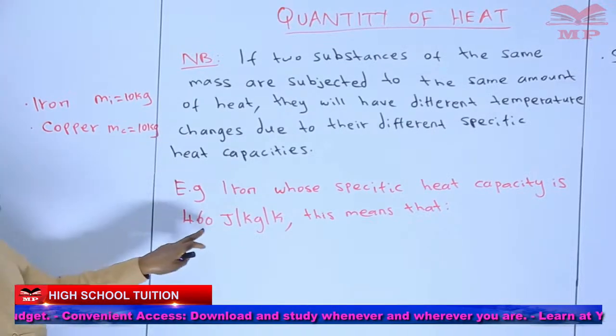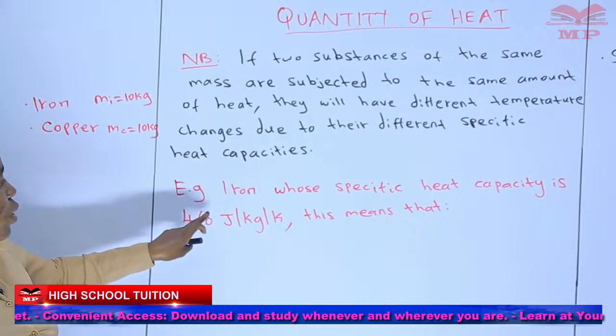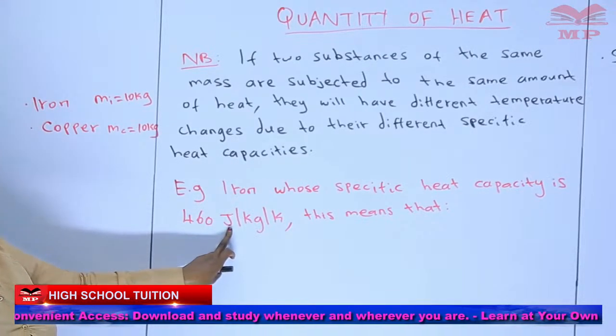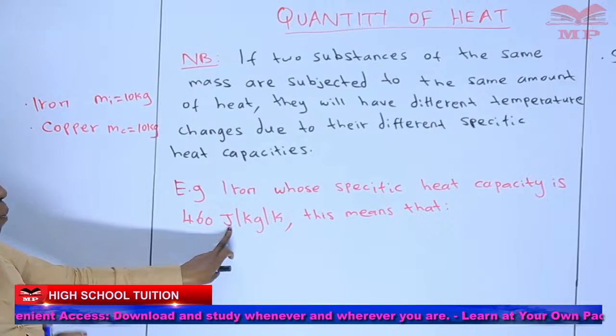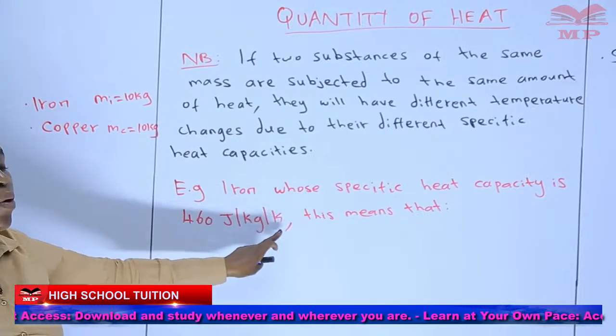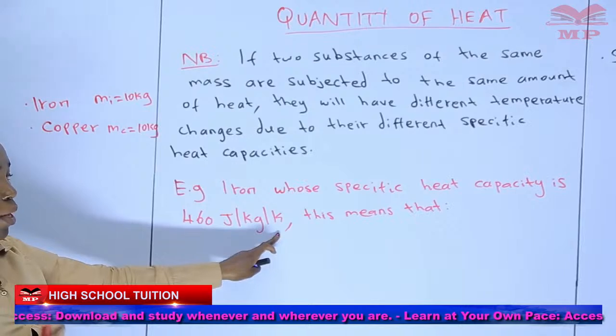So we are saying that when we supply heat of 460 joules to a unit mass of iron, the temperature change will be 1 Kelvin. So make note of that.